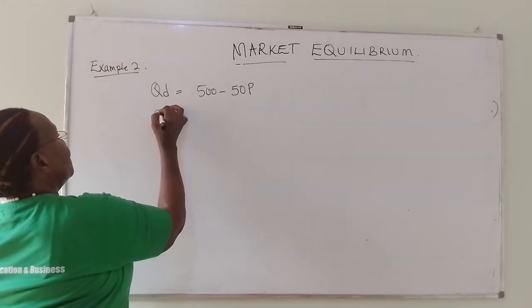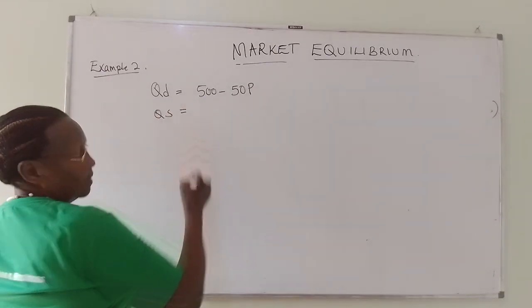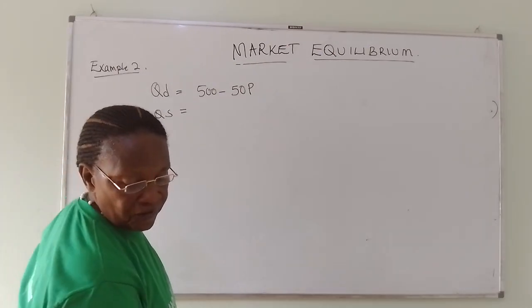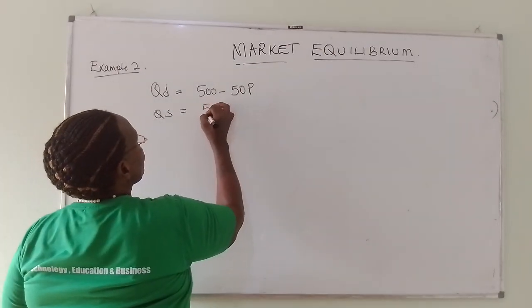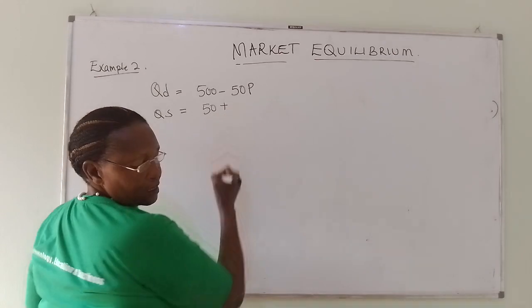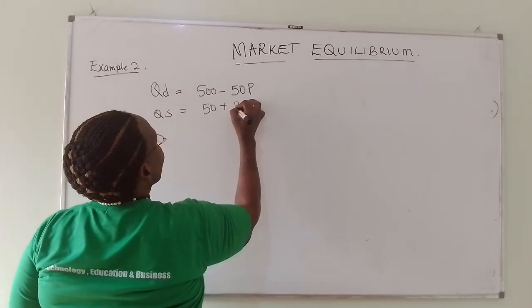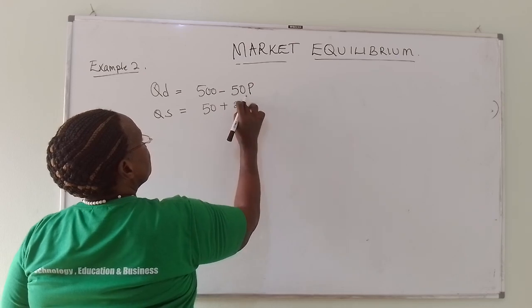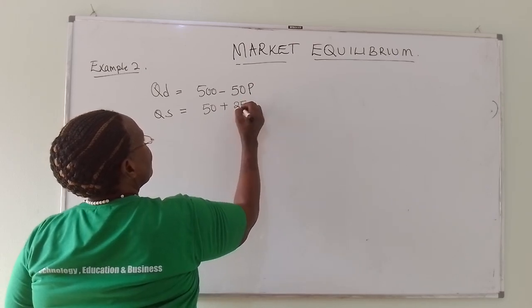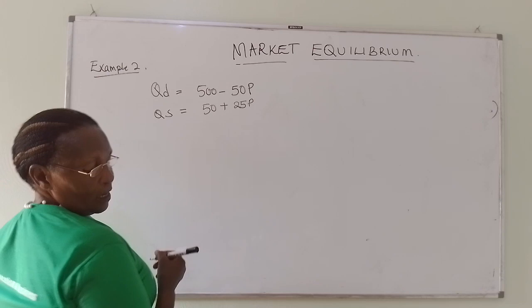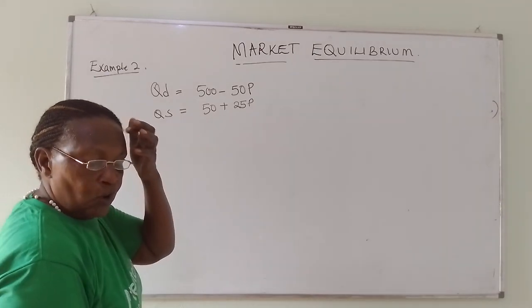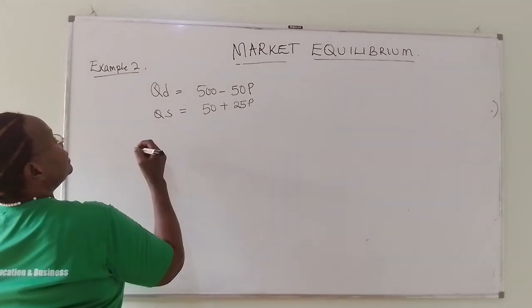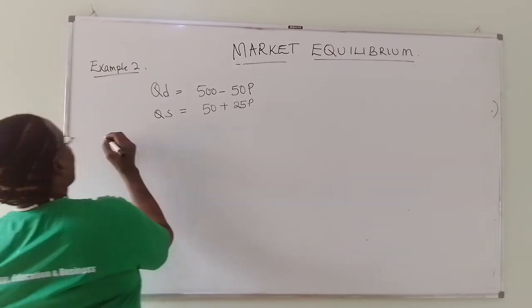Yet for supply, quantity supplied, they give you a figure of 50 plus 25p. And you are required to find the equilibrium quantity and price.